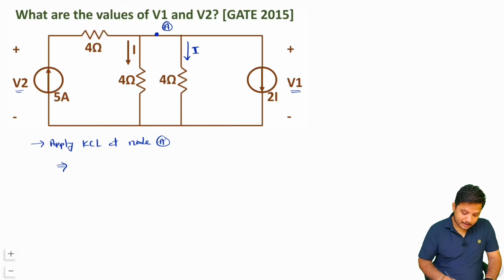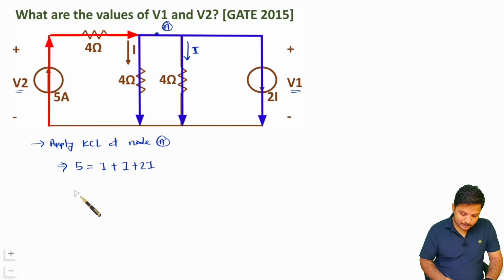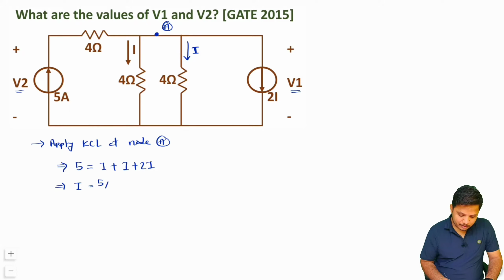Entering current is 5, and leaving current is I and 2I, so 5 equals I plus 2I. So I is 5 divided by 4. Now I have the value of current I.